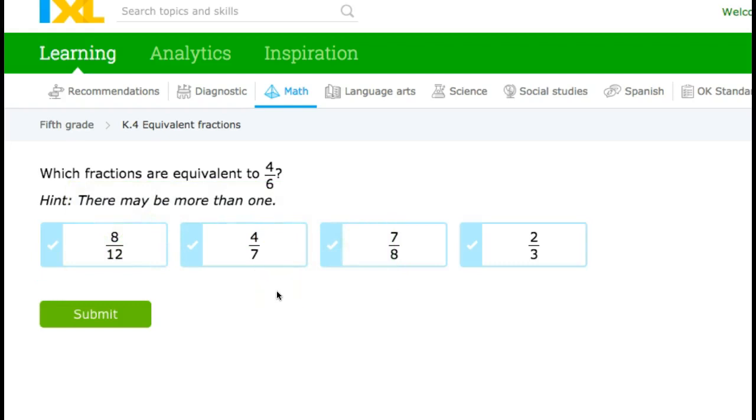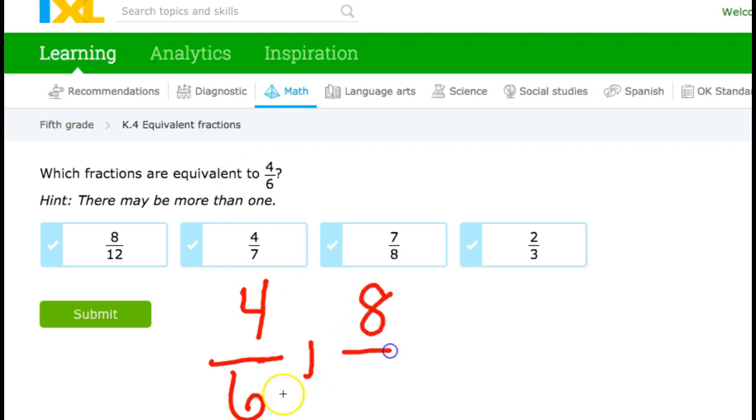All right, now we're looking here at what fractions are equivalent to 4/6. Okay, I'm going to get my pen out here. So I'm going to look at 4/6, and I'm going to start writing some equivalent fractions for it, okay? 4 times 2 is 8. 6 times 2, because what I do to the top, I have to do to the bottom, is 12.